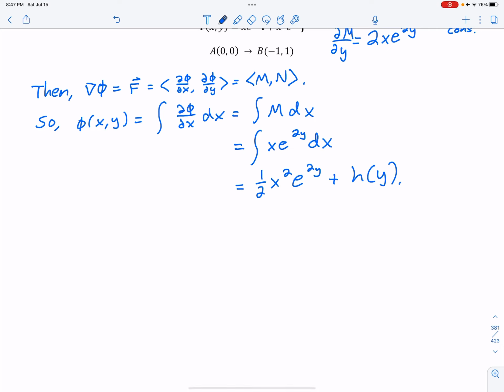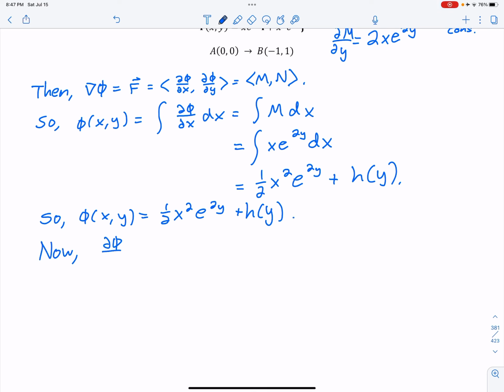That's a constant. It would have gone to 0 if I had taken my partial with respect to x. All right, so I like to rewrite my phi at this point. Phi of x, y is 1/2 x squared e to the 2y plus h of y, because I'm going to do something with it right now. Now, we can take the partial of phi with respect to y, and we just do it with that function there. The 2 comes out of that e to the 2y, that's the only function there. Everything else is a constant. The 2 comes out, cancels with that 1/2, leaving me with x squared e to the 2y plus h prime of y.